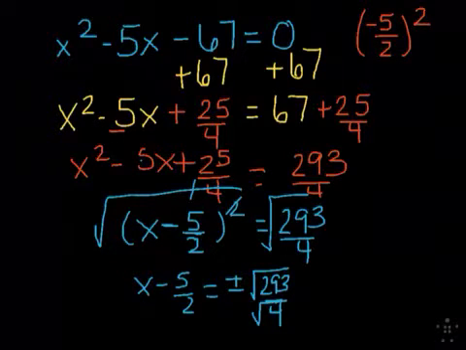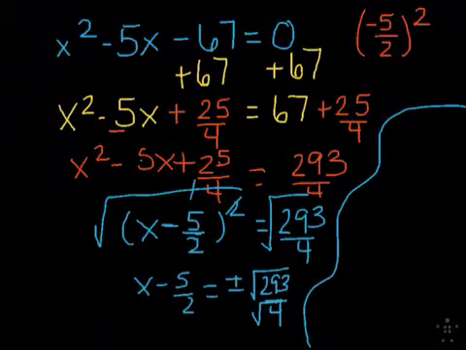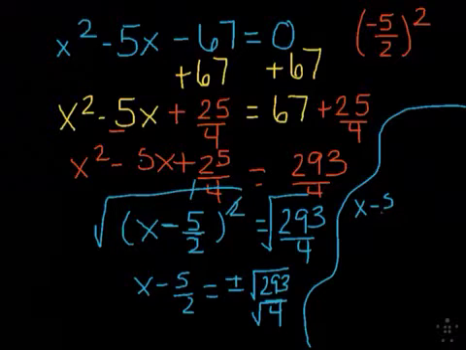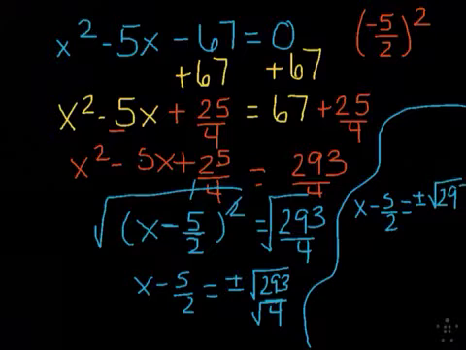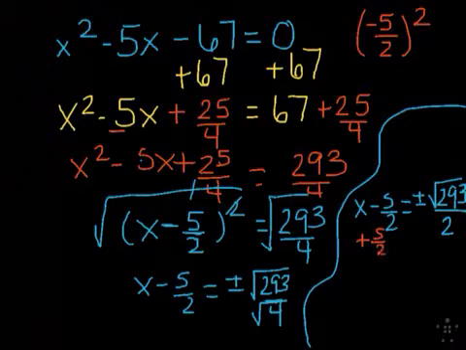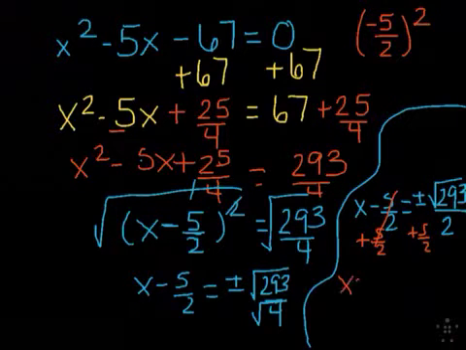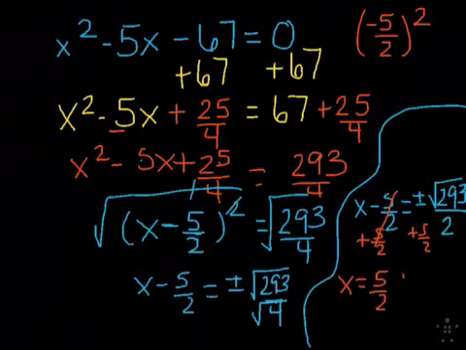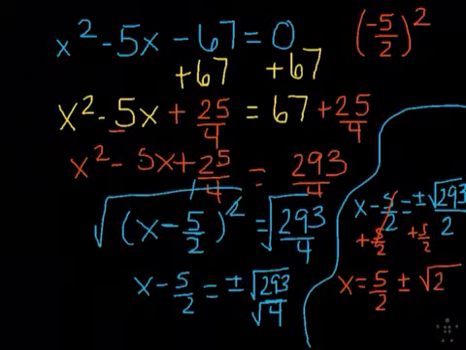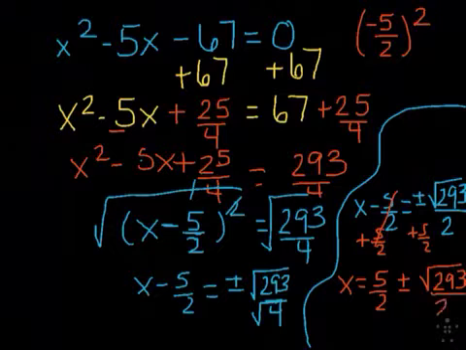Well, now you're going to end up with x minus 5 halves equals plus or minus the square root of 293, because you can't simplify that, over 2 because the square root of 4 is 2. We're going to add 5/2 to both sides. So we have x equals 5/2 plus or minus the square root of 293 over 2.